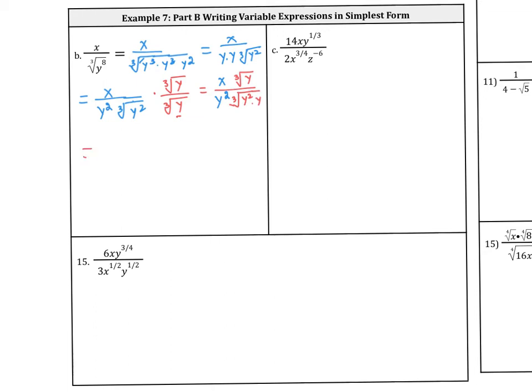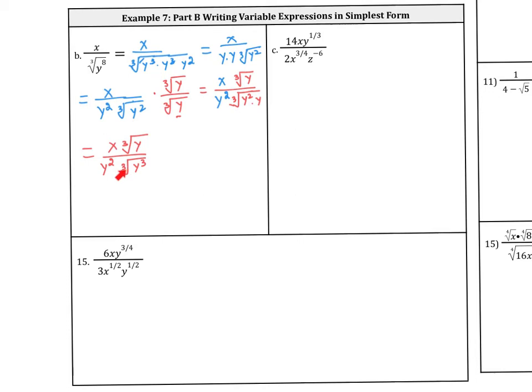So ultimately what we have here is x times the cube root of y on the top, y squared on the bottom, and the cube root of y cubed on the bottom. We already had the two y's here and we needed one more y, and that's why we multiplied top and bottom by another y.